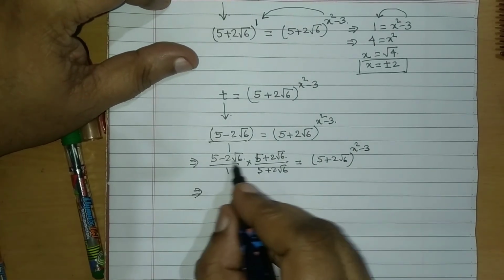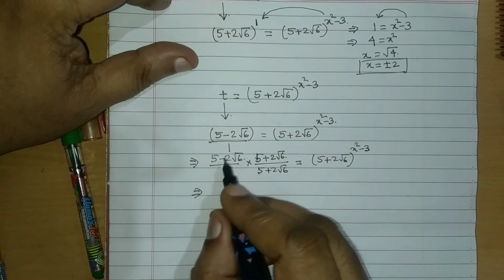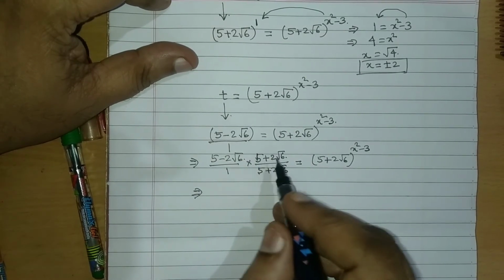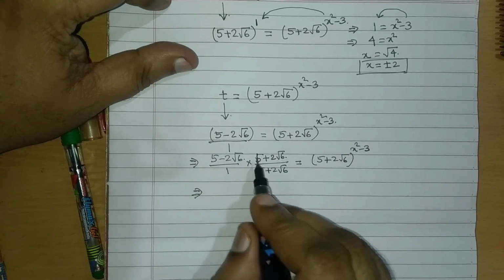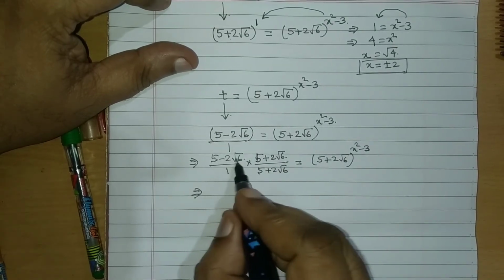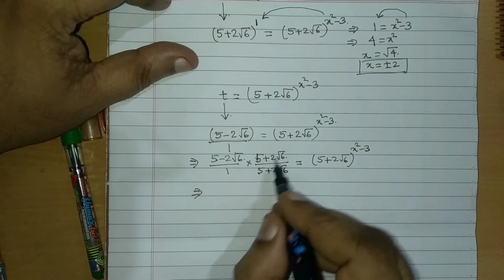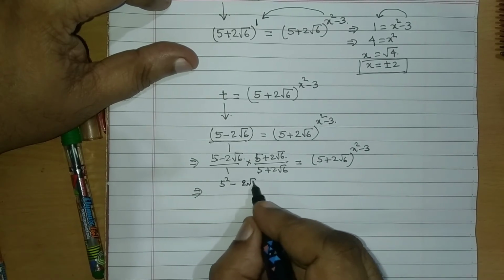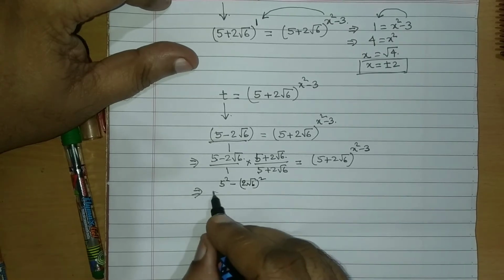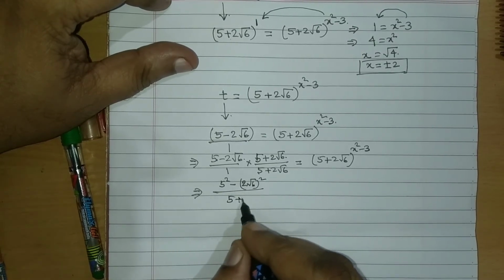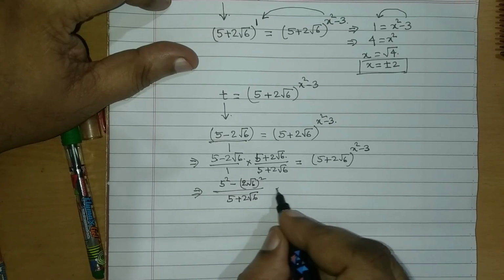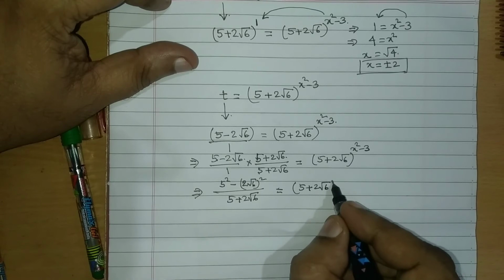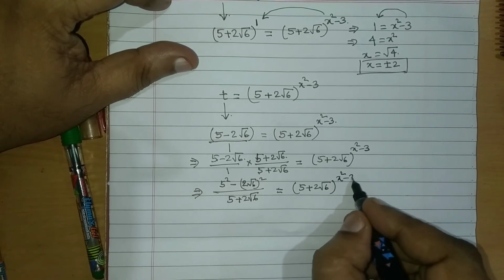If there is such type of irrational number, then you will have to multiply by its conjugate by just changing the sign between the rational and irrational number. So it is in the form of a minus b, and it is in the form of a plus b. So it is 5 square, and again it is 2 root 6 whole square, and in the denominator 5 plus 2 root 6, and it is 5 plus 2 root 6 to the power x square minus 3.